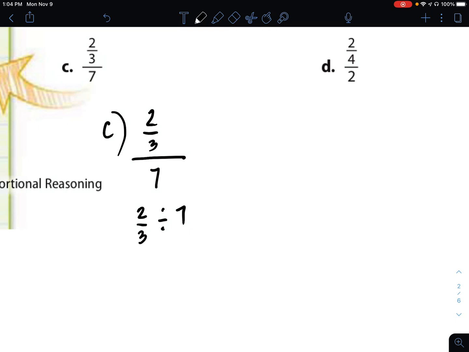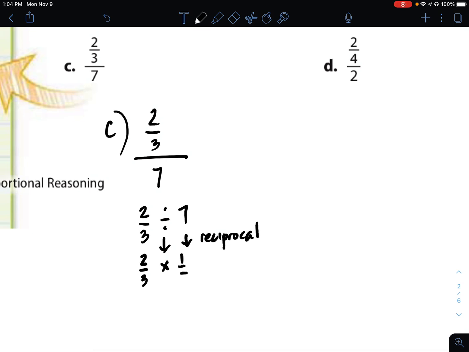And from what we know about dividing fractions, we bring down 2/3, we change the division sign into multiplication, and we get the reciprocal of 7. The reciprocal of 7 is 1 over 7. Okay? And I multiply straight. 2 times 1 over 3 times 7.